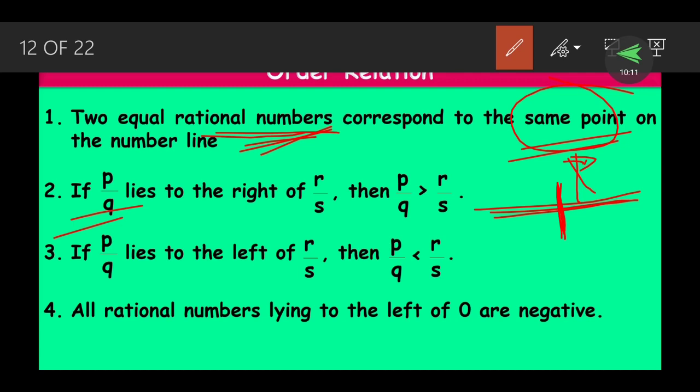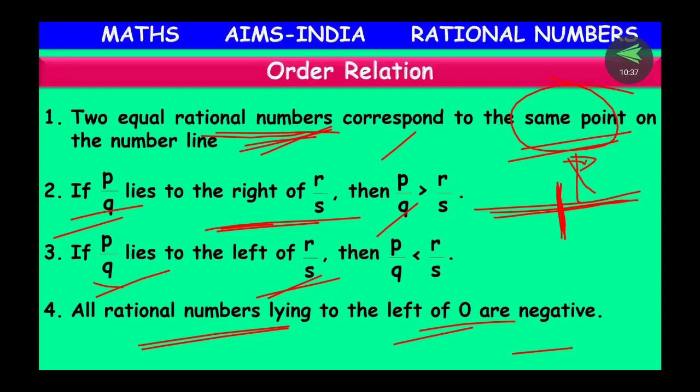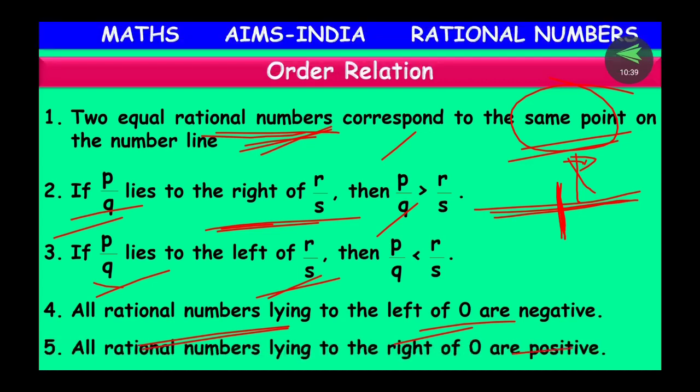If P by Q lies to the right of R by S, because it is on the right side of R by S, P by Q value will be greater. If P by Q lies to the left of R by S, P by Q value will be lesser. All rational numbers lying to the left of 0 are negative. To the right of 0 are positive.